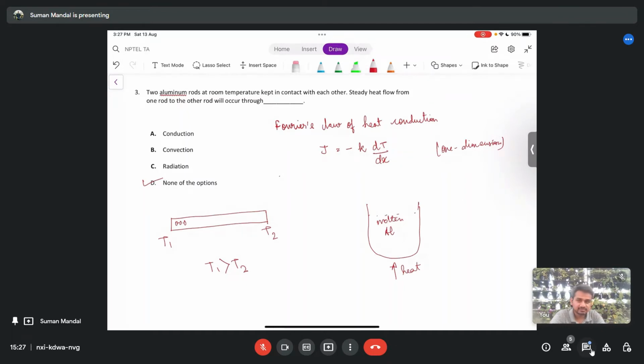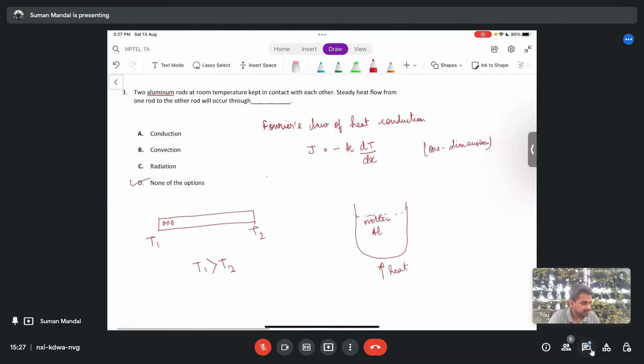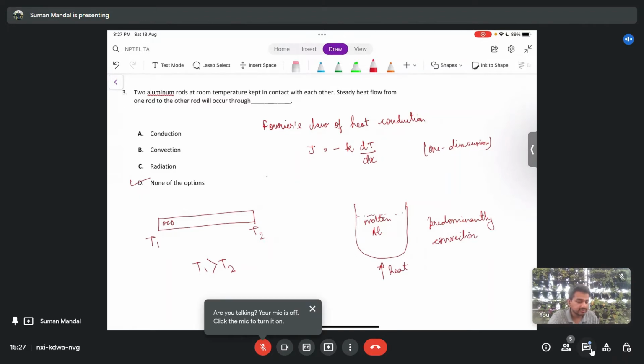That's convection. Yes, in that case, it is predominantly convection, because unlike in the solid where the atoms are tightly bound to each other, here they are loose.